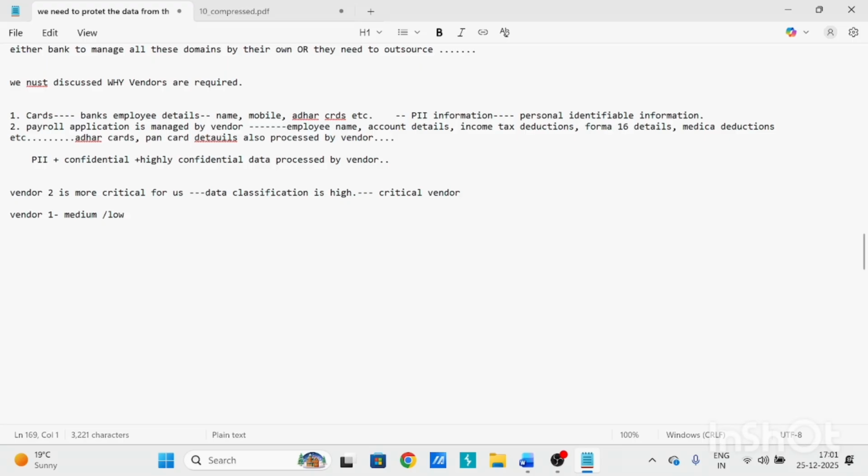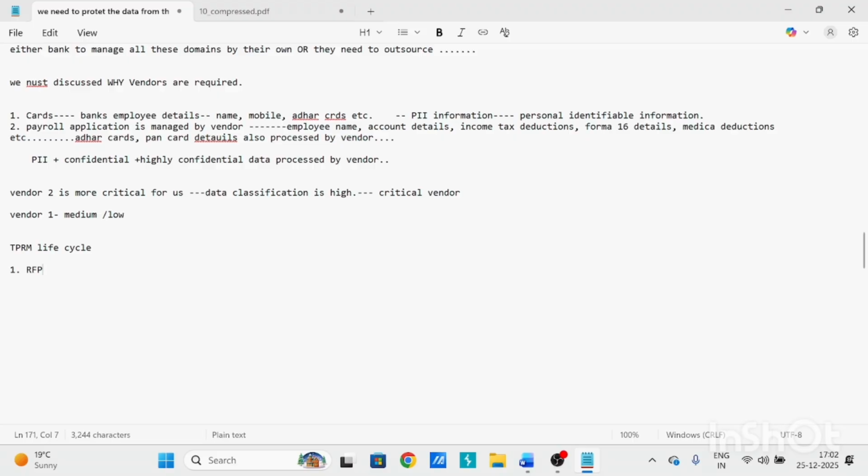To manage all these vendors, we have a TPRM life cycle. For the TPRM life cycle, we start with the bidding, not bidding actually, RFP we can say.